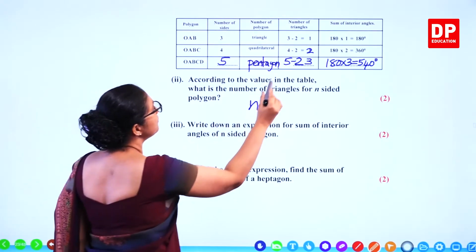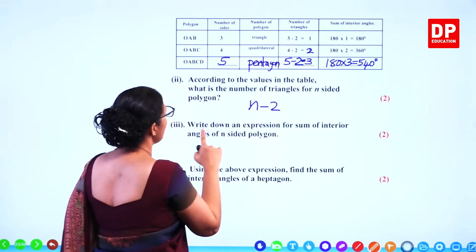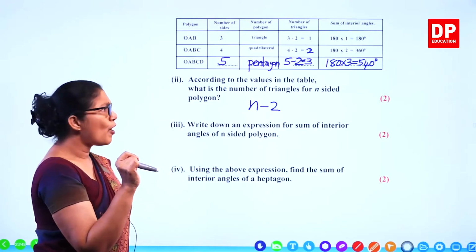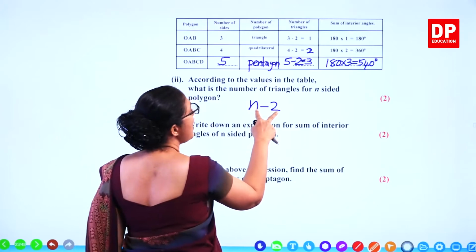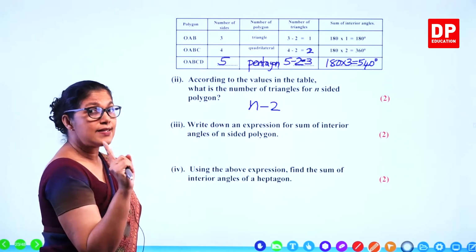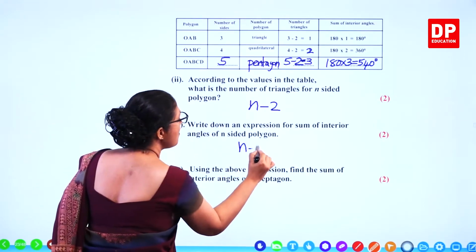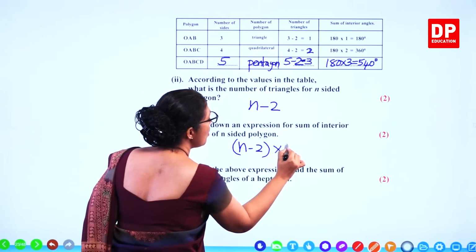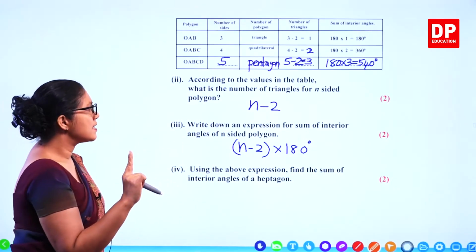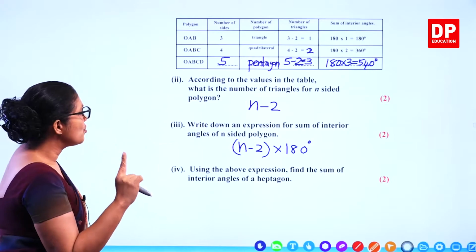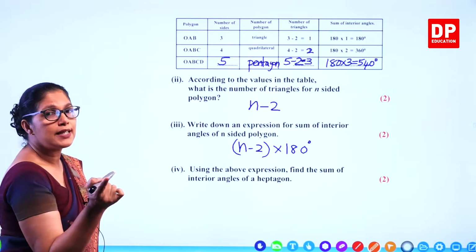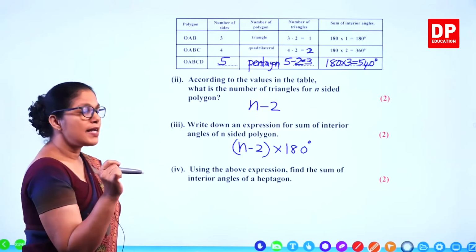Then write down an expression for the sum of interior angles of an n-sided polygon. So n minus 2 times 180. Each triangle is 180 degrees. So n minus 2 times 180 degrees is the sum of interior angles of an n-sided polygon. Then, using the above expression, find the sum of interior angles of a heptagon. Heptagon means a 7-sided polygon.